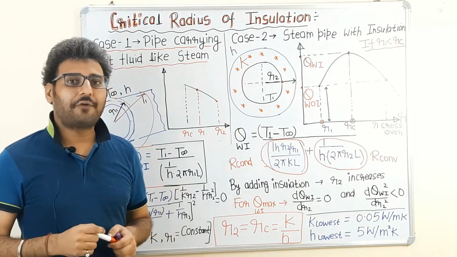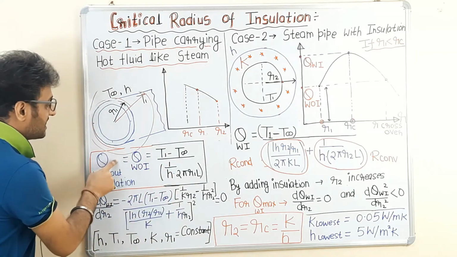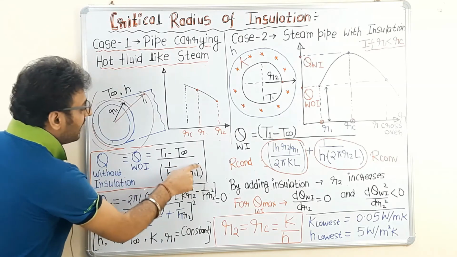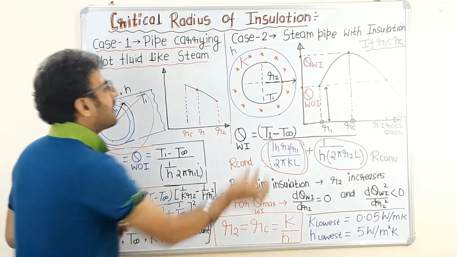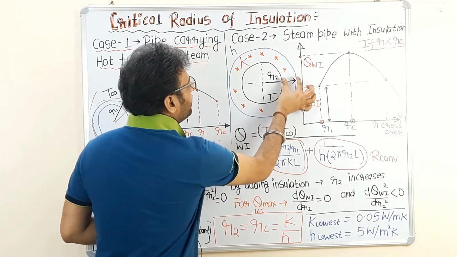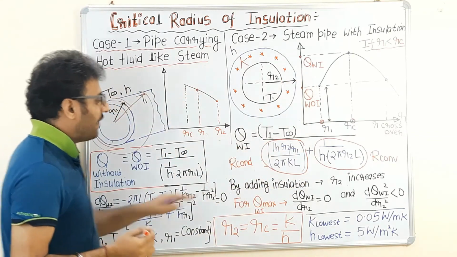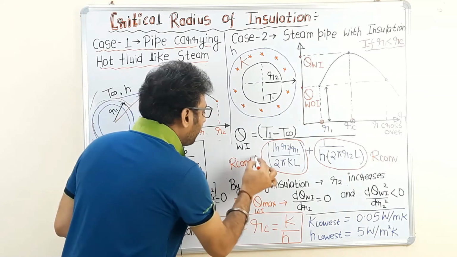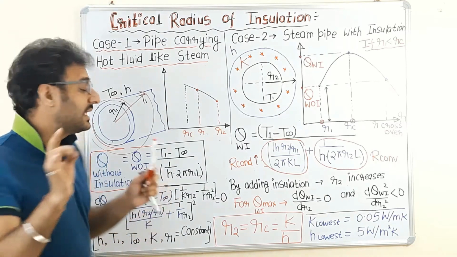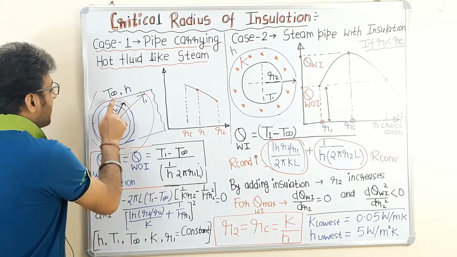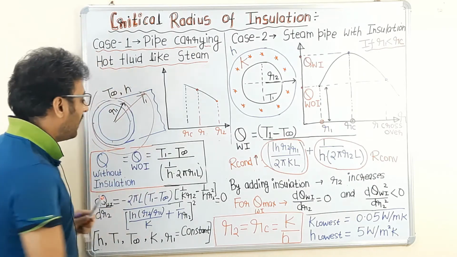What happens after adding insulation? As we already know, when there is no insulation, there is only convective resistance. After adding insulation, the conductive resistance of the insulating material increases. Earlier, the resistance between the outer surface of the steam pipe and the air was only convective.